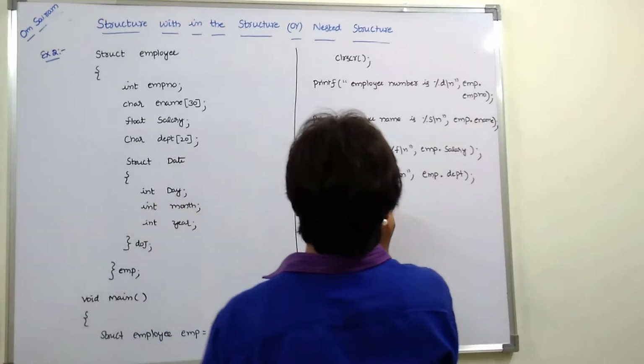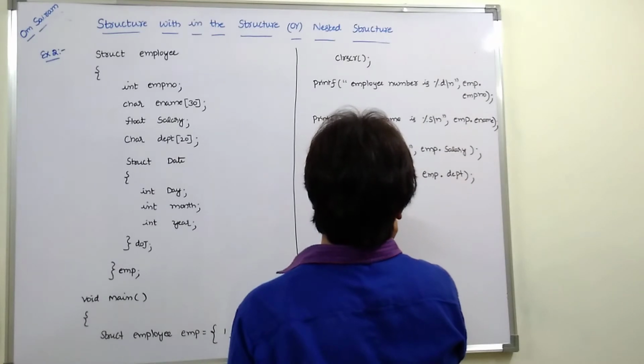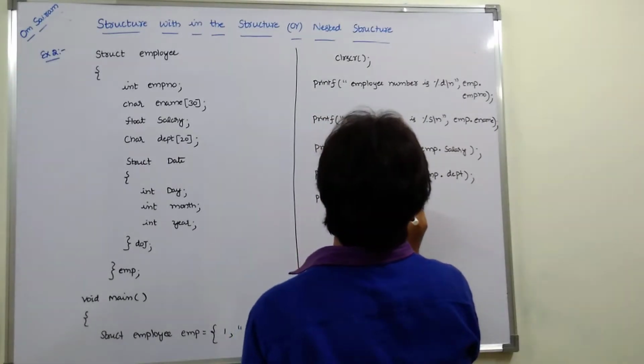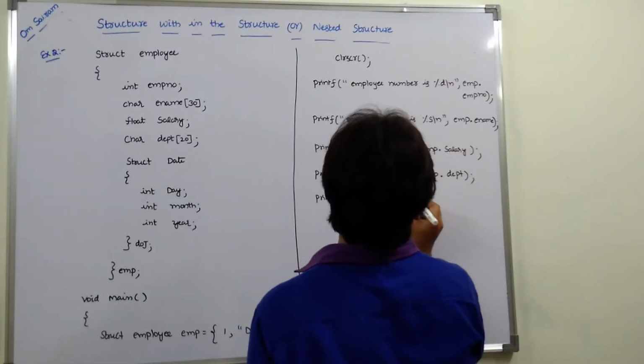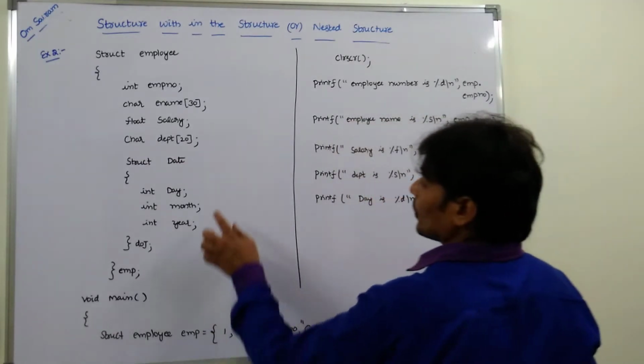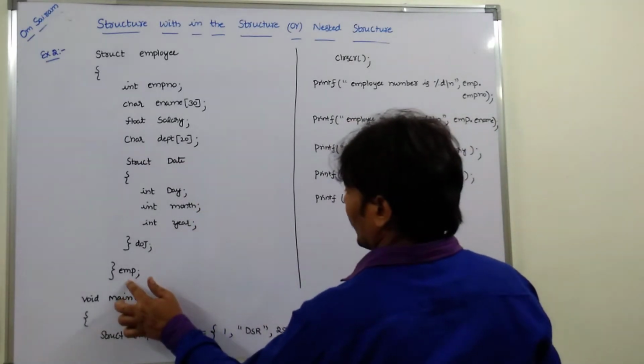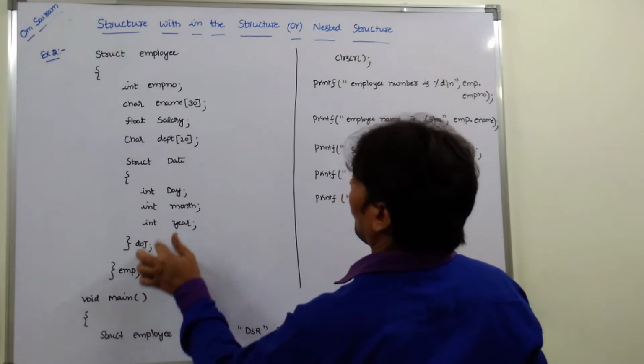Next, printf day is percentage d, slash n, double quote sign. How to access day? emp dot doj dot day.